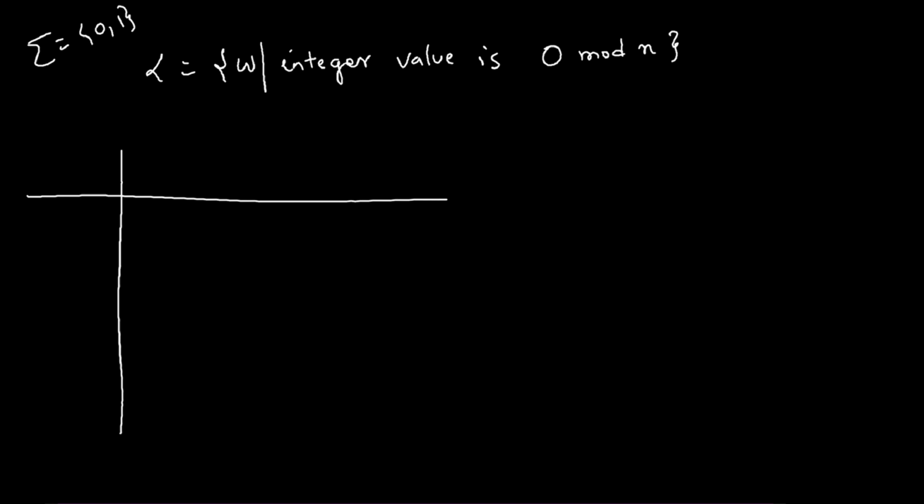You know that it's mod n, so the remainders would be 0, 1, 2, and so on up to n minus 1.